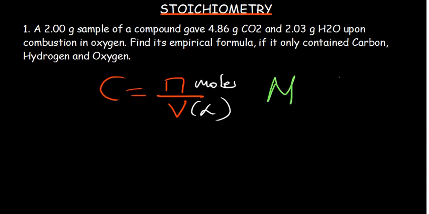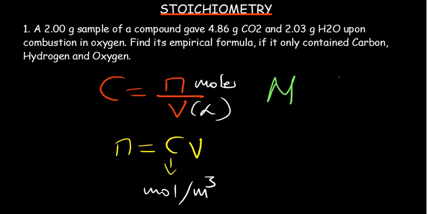So the number of moles in this case is given as the product of your concentration and volume, and I emphasize, make sure that your units are matching. In a case where you've been given a concentration in, for example, moles per cubic meter, you want to make sure that your given volume should also be in cubic meters, so that they cancel out and you remain with the number of moles. That's very, very important.